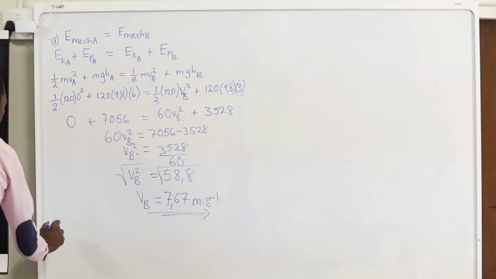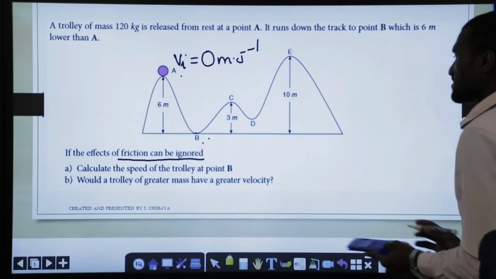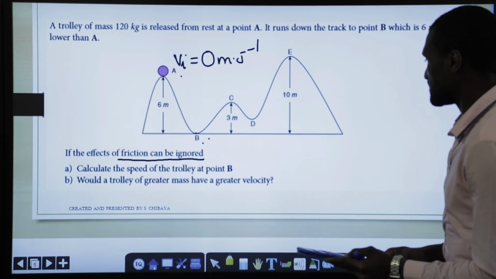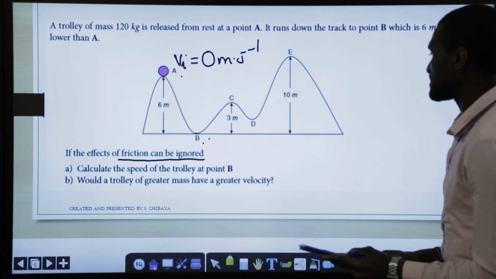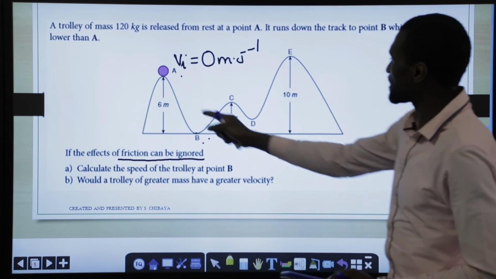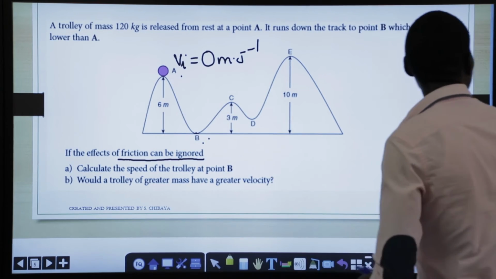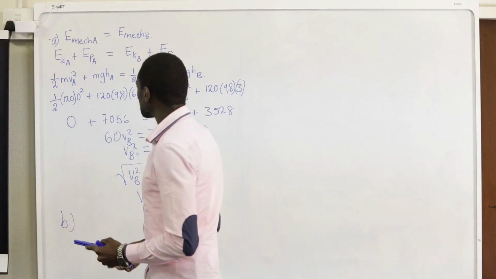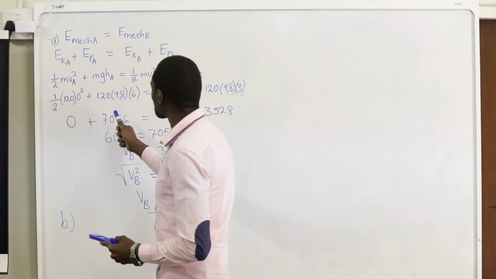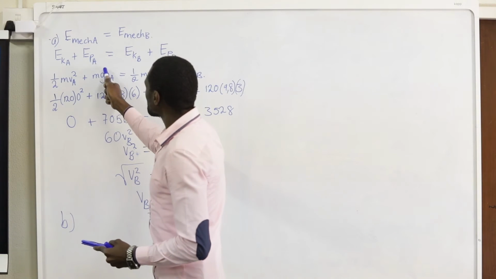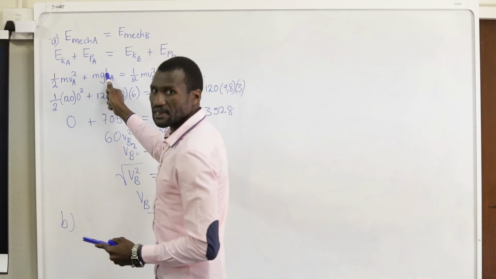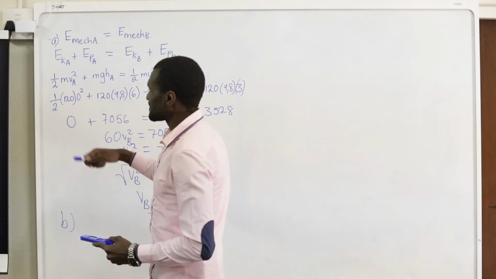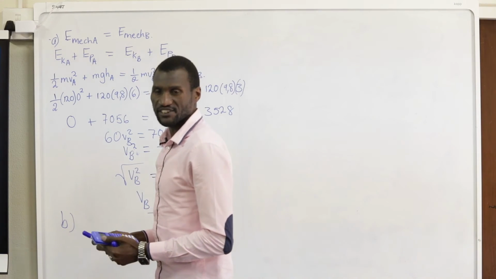Now for B, the question says, would a trolley of greater mass have a greater velocity? Let's think about it. The thing that's influencing the velocity of the trolley at the end is obviously its mass due to gravity. The heavier it is, the greater the acceleration.